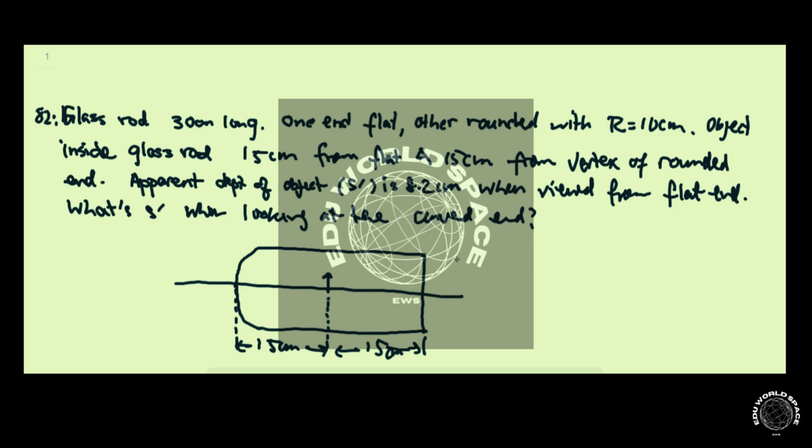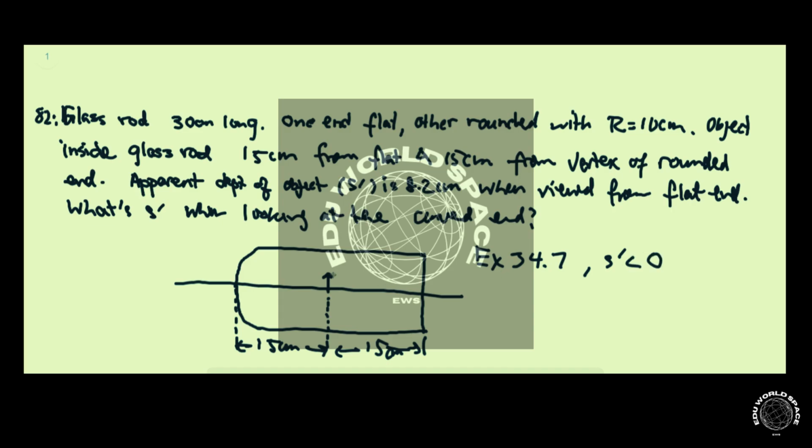So if you look at the example with the pool, which is example 34.7, you see that when the image is on the incoming side, then S primed is negative.